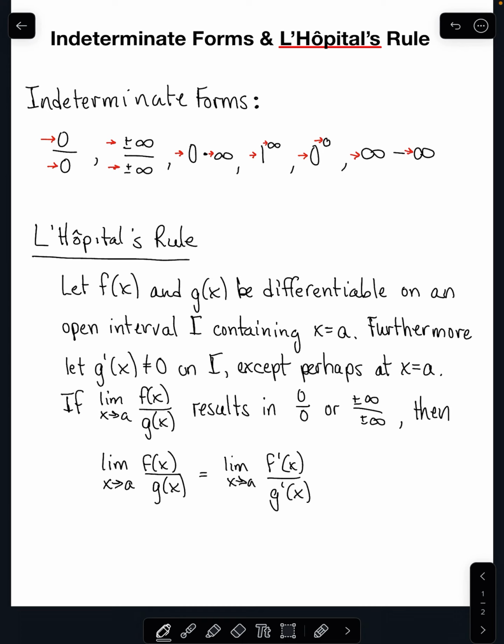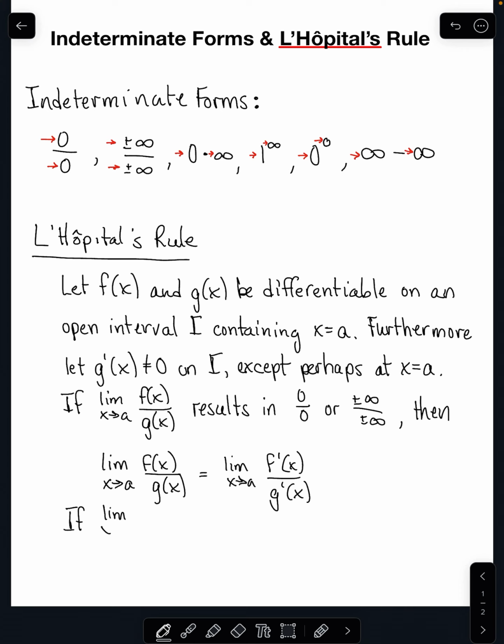Separately, we would need to look at what happens when x approaches a finite value a, and we result in positive or negative infinity in the top and bottom. And the third case deals with what happens if x is approaching infinity, which is where in previous things we have seen the infinity over infinity indeterminate form. So there is a secondary part of this.